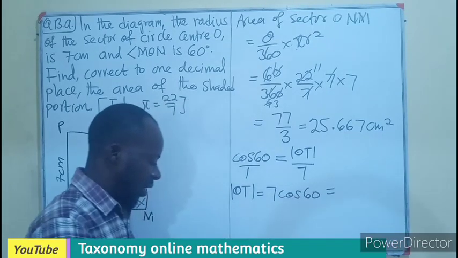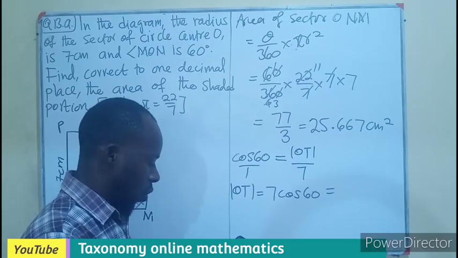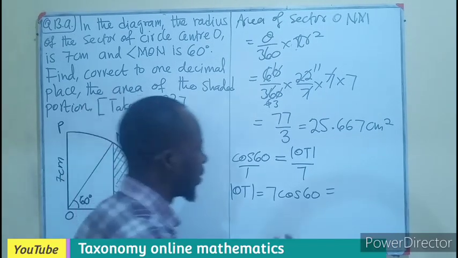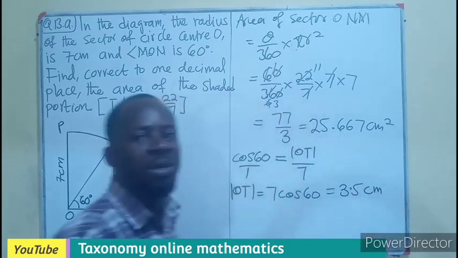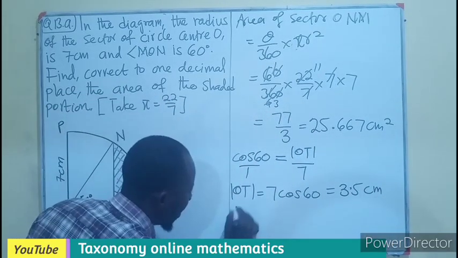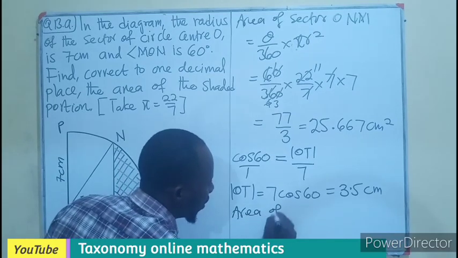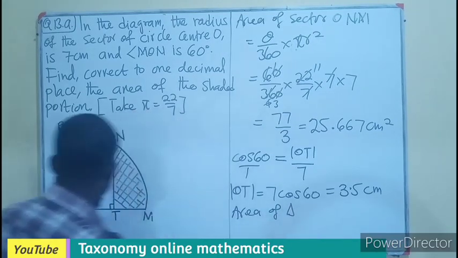And 7 cos 60 will give us 3.5, still in centimeters.